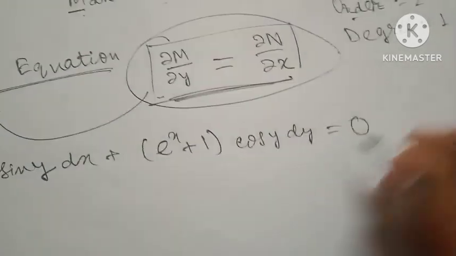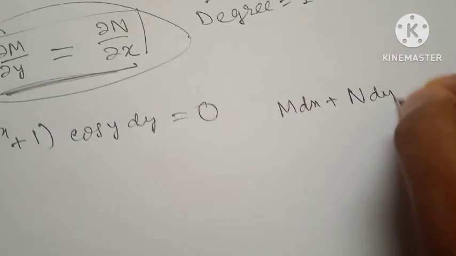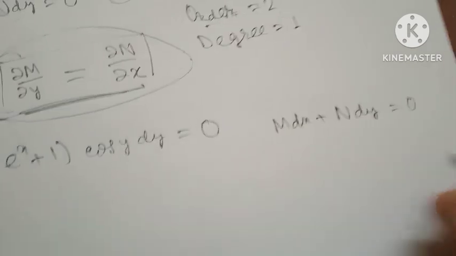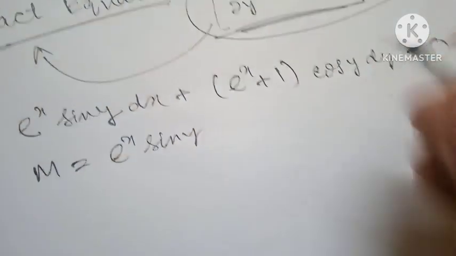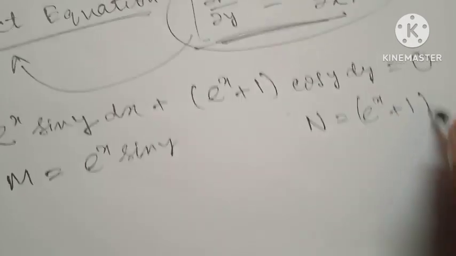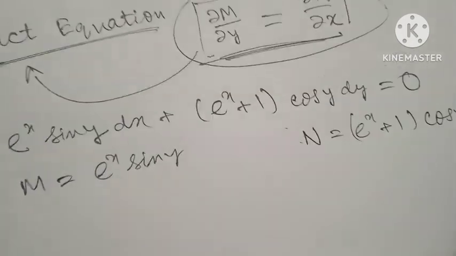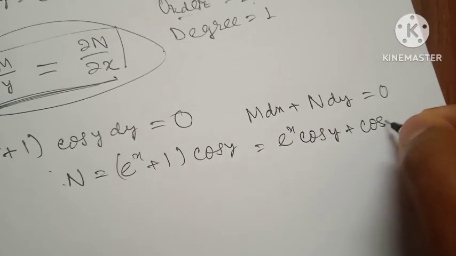So here if we compare this equation with that form M dx plus N dy equals 0, we can see that M equals e to the power x sin y and N equals (e to the power x plus 1) cos y, which is e to the power x cos y plus cos y.